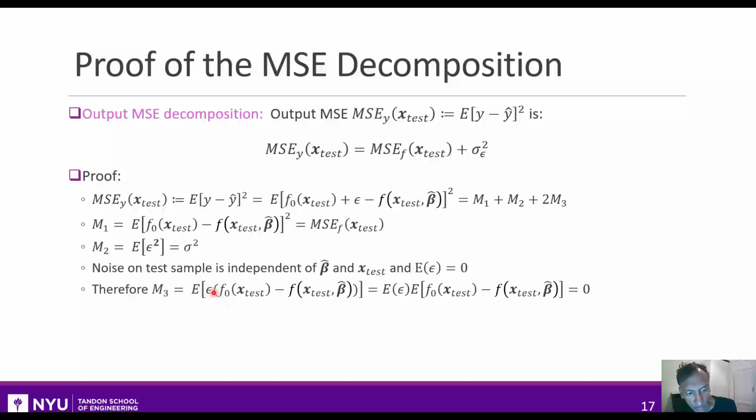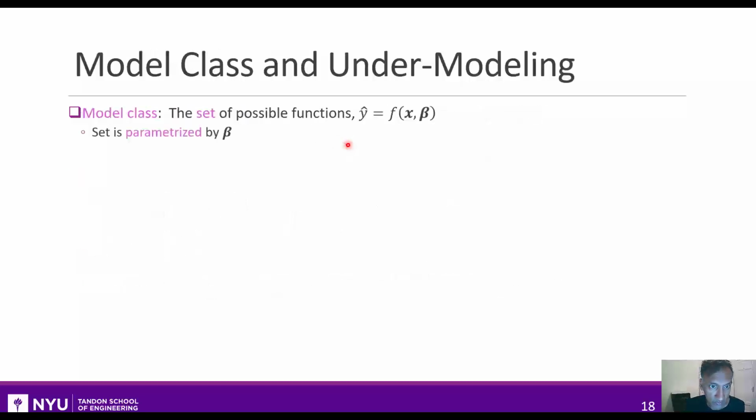Epsilon, the error on the test, we're going to assume is independent of the error in the training data, so we can use independence to break this expectation out. And since we know that the error is on average 0, this product goes to 0. So when you set this third term equal to 0, you get the right formula. This is a very standard little mathematical trick that you use in this case.